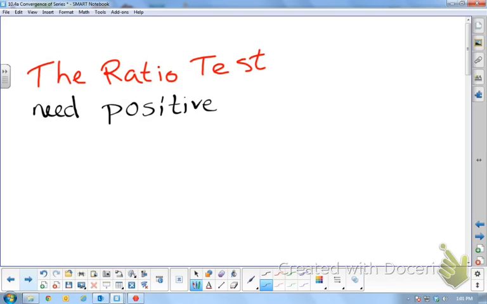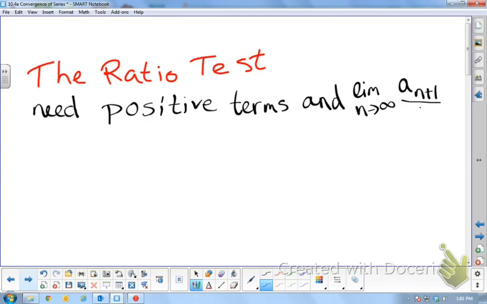The class. We need positive terms and we need the limit as n approaches infinity of a sub n plus 1 over a sub n.